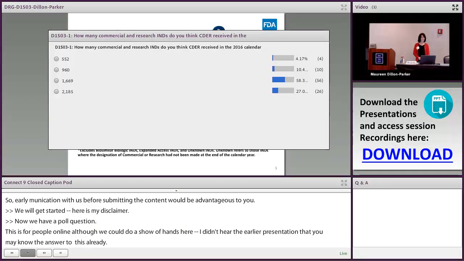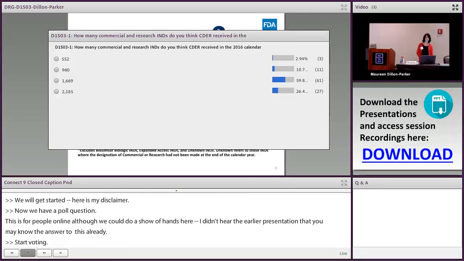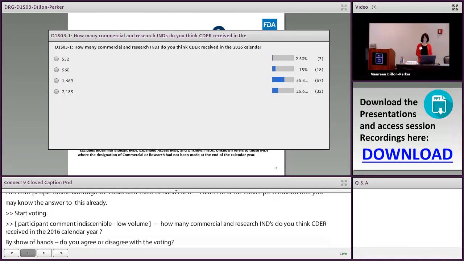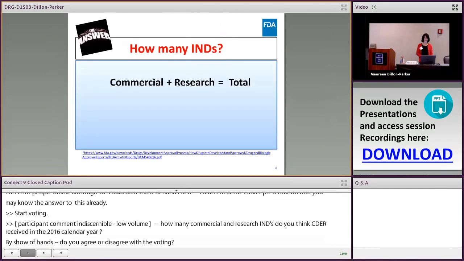So for the people in the room, how many commercial and research INDs do you think CDER received in the 2016 calendar year? So by a show of hands, do people agree with the voting? Anybody disagree? Okay. Moving on. Looks like most people guessed the right answer.